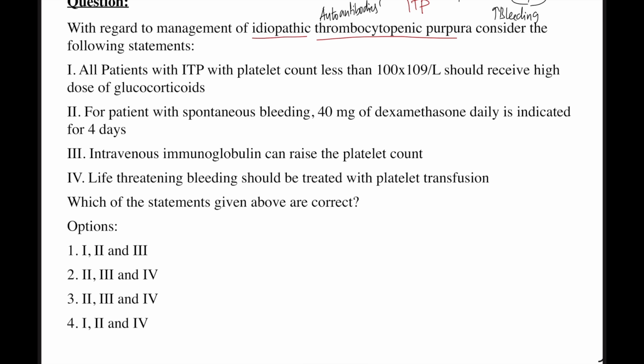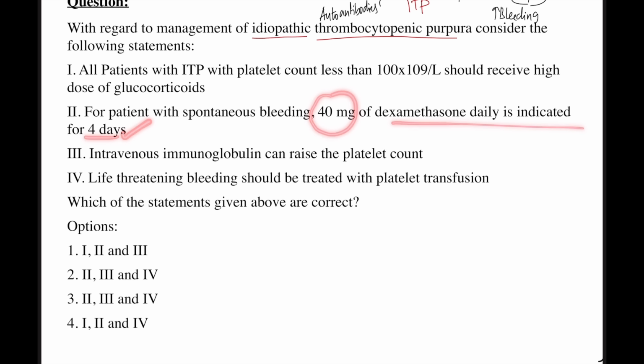The first option is, in case of ITP, all patients with platelet count less than 100 x 10 to the power of 9 per L should receive high dose glucocorticoids. No, it is actually only spontaneous bleeding cases, or if the count is less than 30 x 10 to the power of 9 per L, that we go for high dose glucocorticoids. In a patient with spontaneous bleeding, the dosage is 40 mg dexamethasone daily.